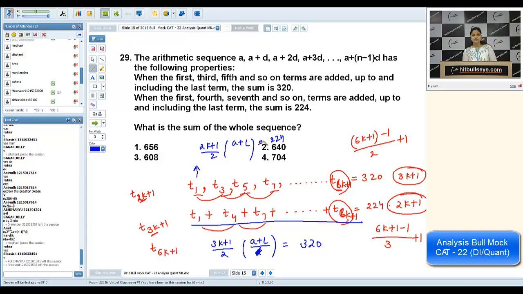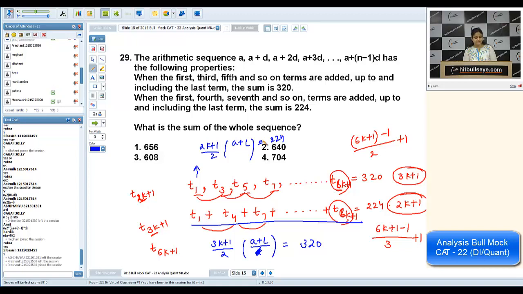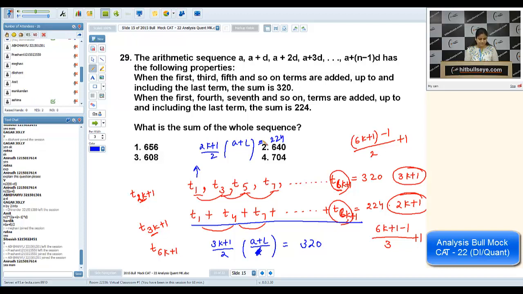By solving this, you will get the value of k. You can divide these two things. Then you will have the number of terms. You will get the value for a plus l as well. By using those values, you can calculate the sum of the whole sequence, where the number of terms is 6k plus 1. Is it okay, all of you? Should I move further?